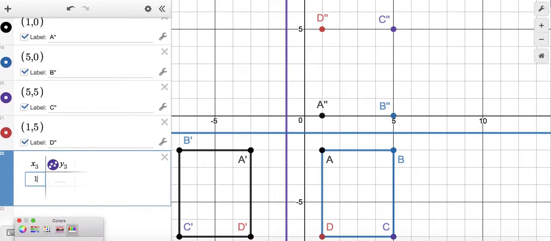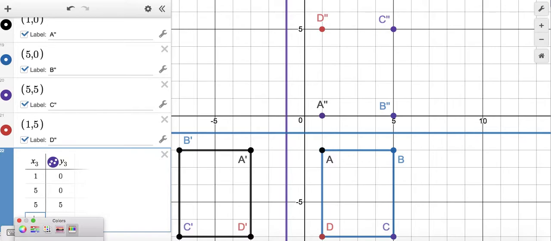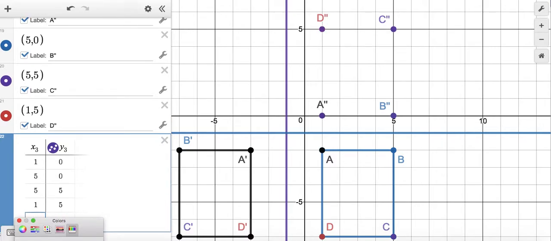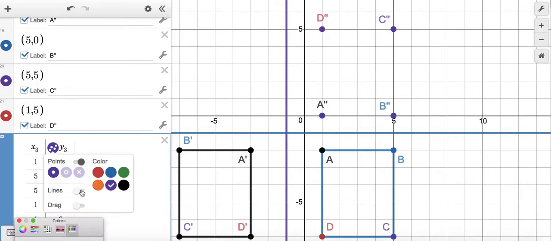So we've got 1, 0, 5, 0, 5, 5, 1, 5, and then we're going to put our first point in again, and then we're going to click this lines button, and now we have our next rectangle.